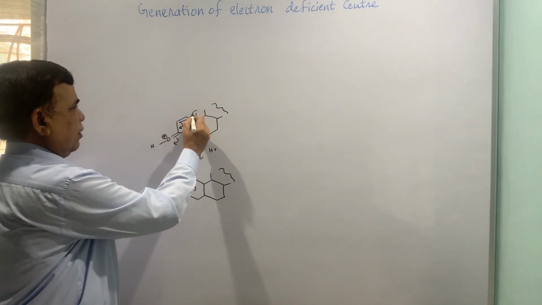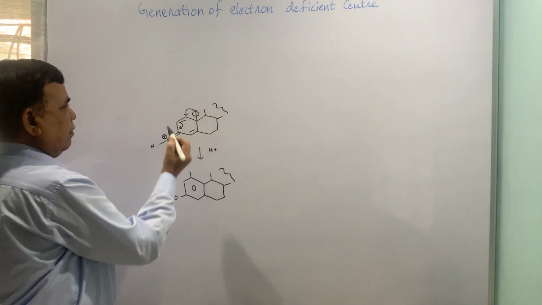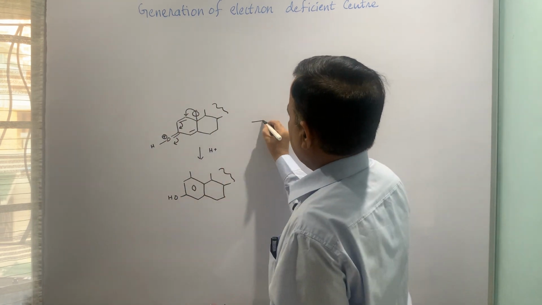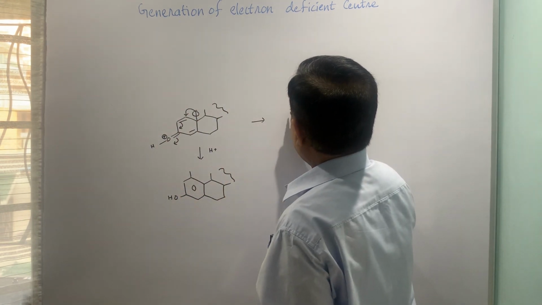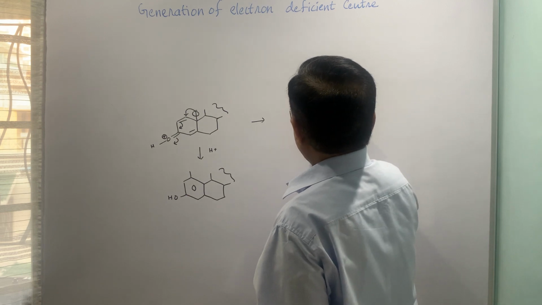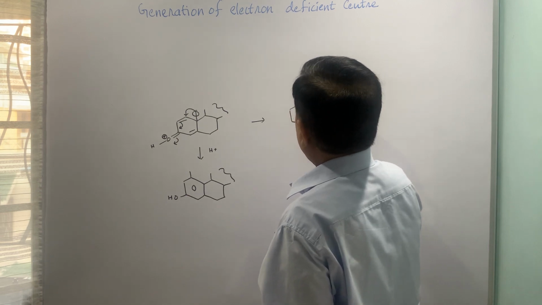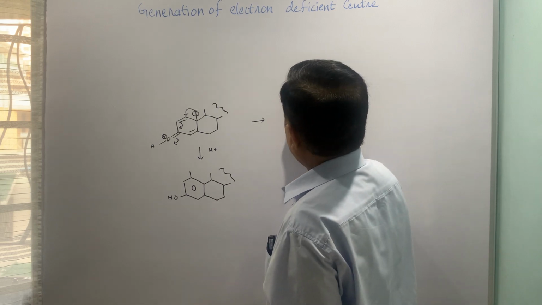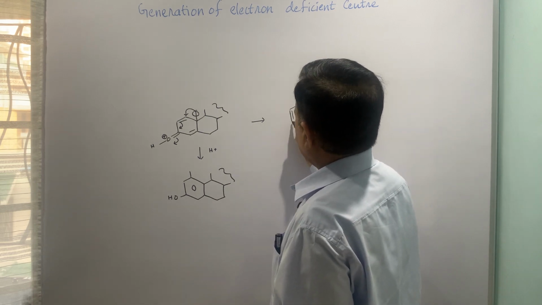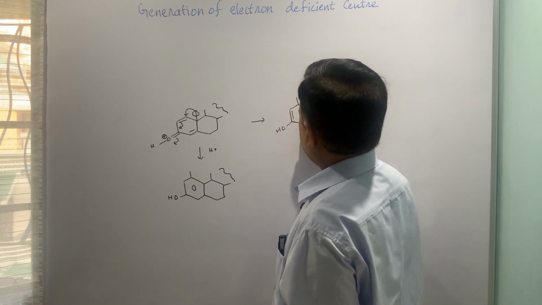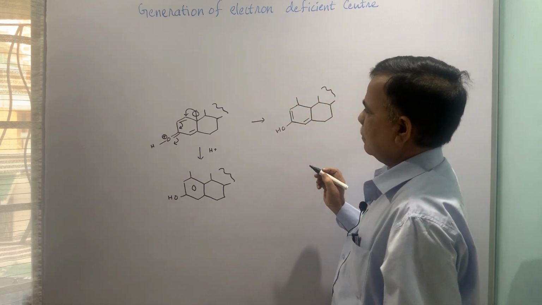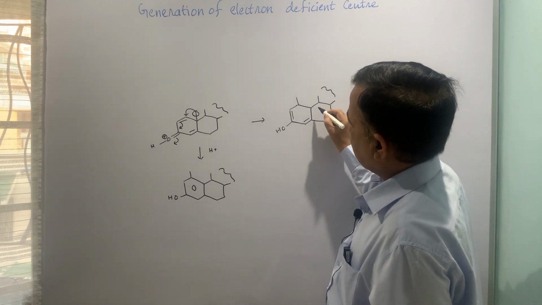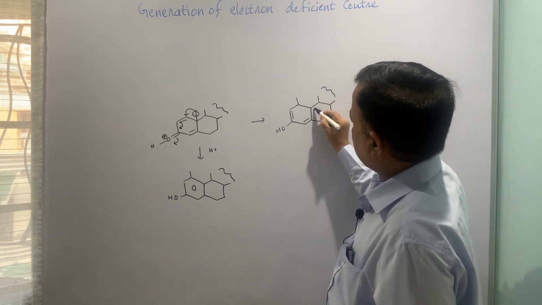This becomes electron deficient, the methyl group migrates, and once this methyl group migrates, you can see that the other part is intact. We are not touching that part. This is OH, and now this carbon will become positive.